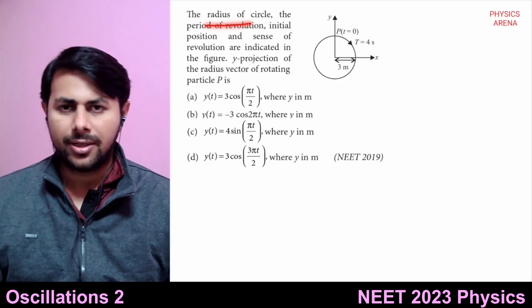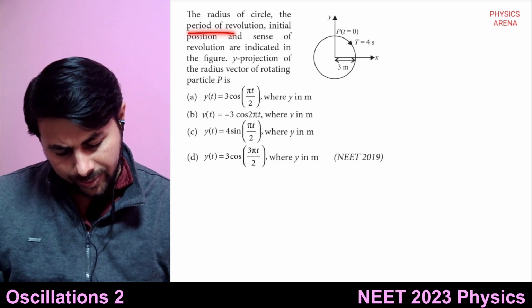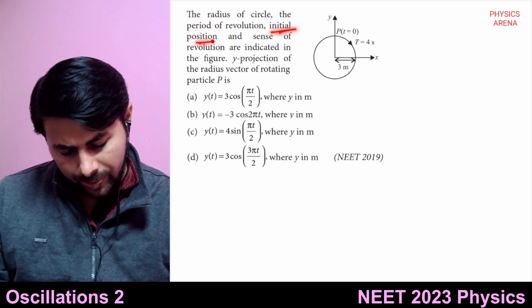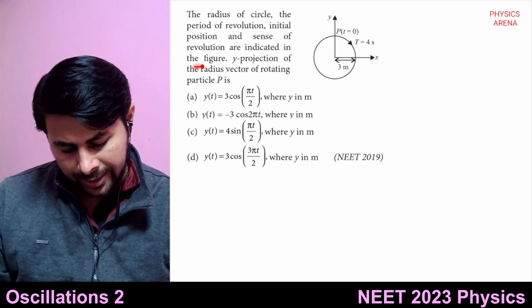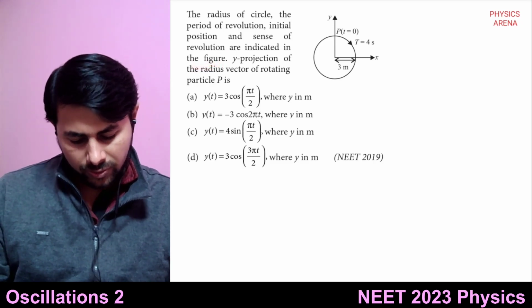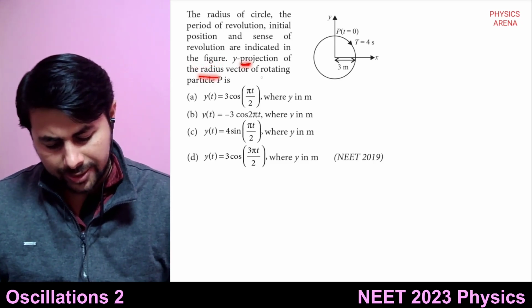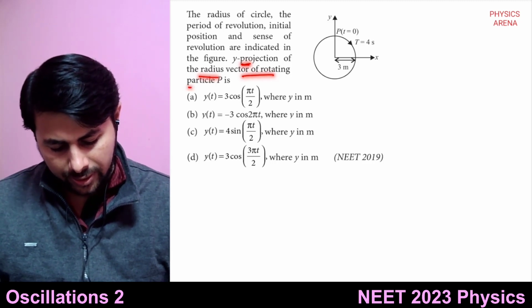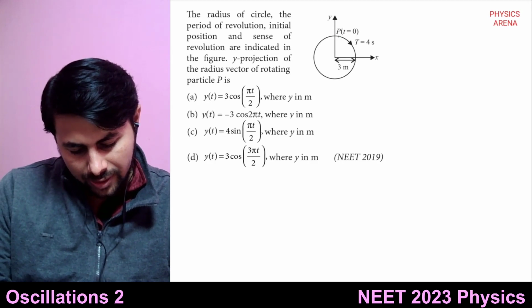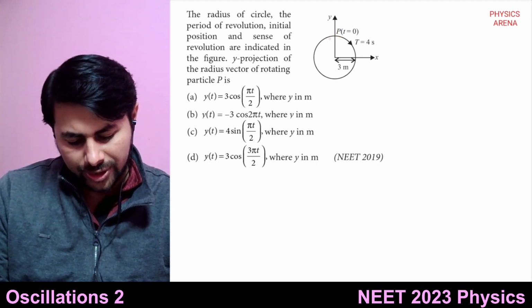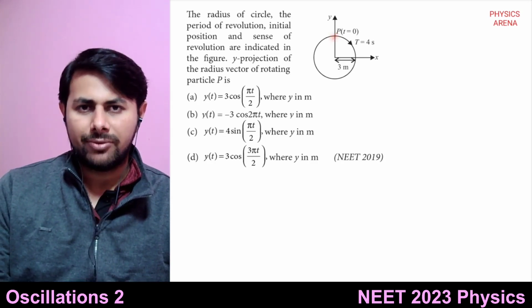The radius of a circle, the period of revolution, initial position, and sense of revolution are indicated in the figure. The y projection of the radius vector of rotating particle P is... See this particle, it is at this position at t equals to 0.